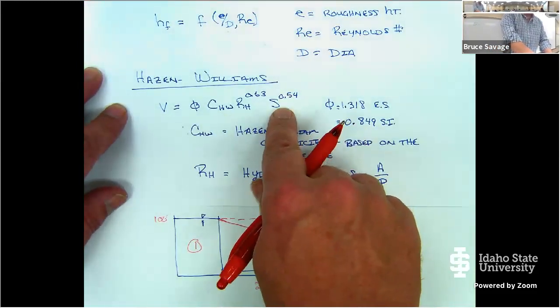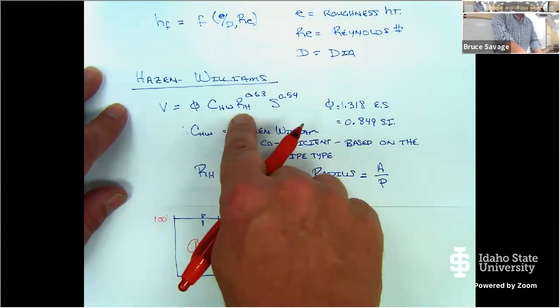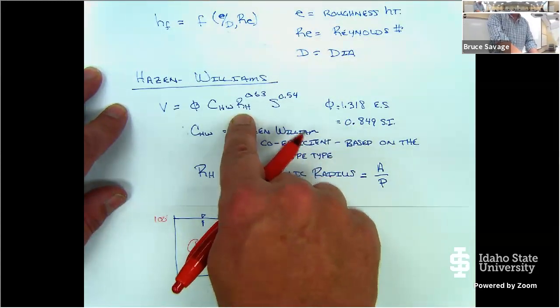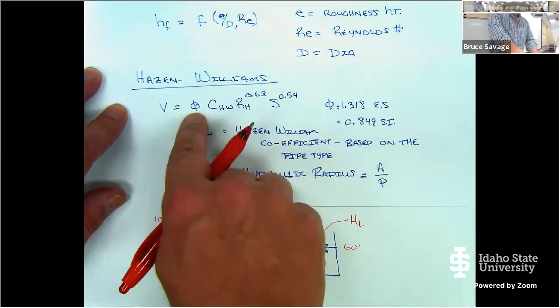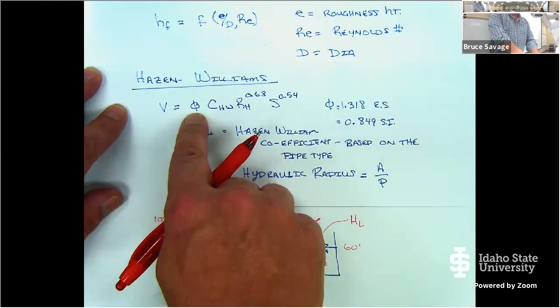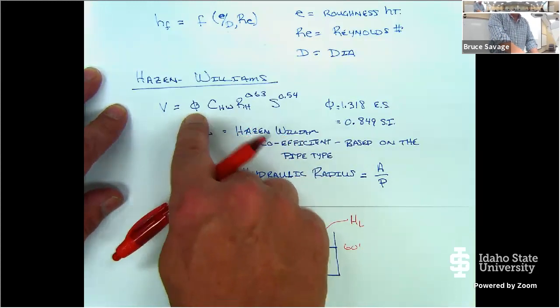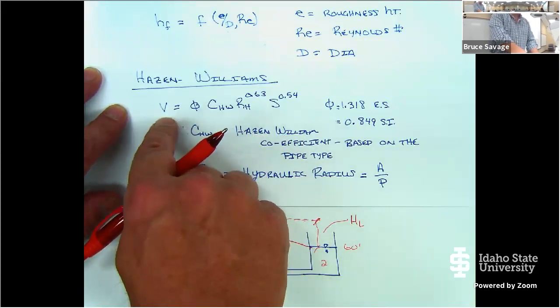I now know the slope, head loss over the length. I know the hydraulic radius, D over 4. I can look up the Hazen-Williams coefficient based on the type of pipe. My conversion coefficient here, based on the system I'm using, I can find the velocity. Okay.